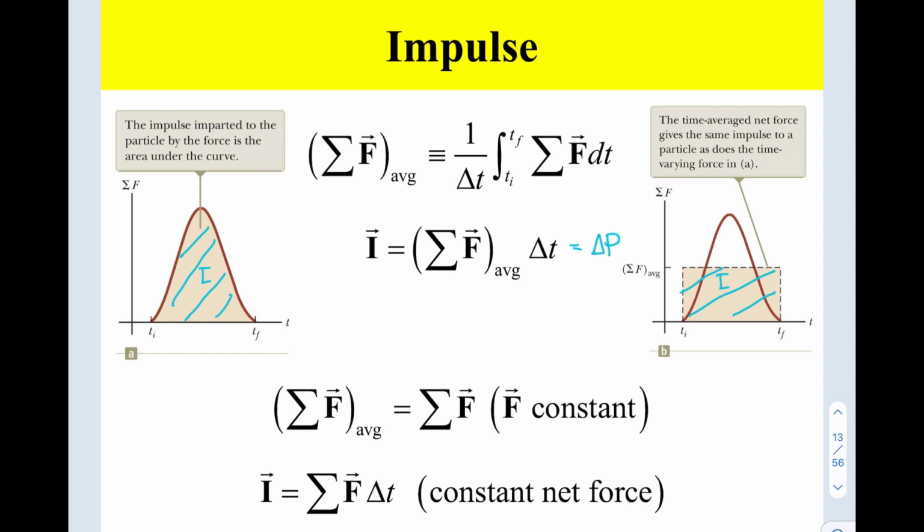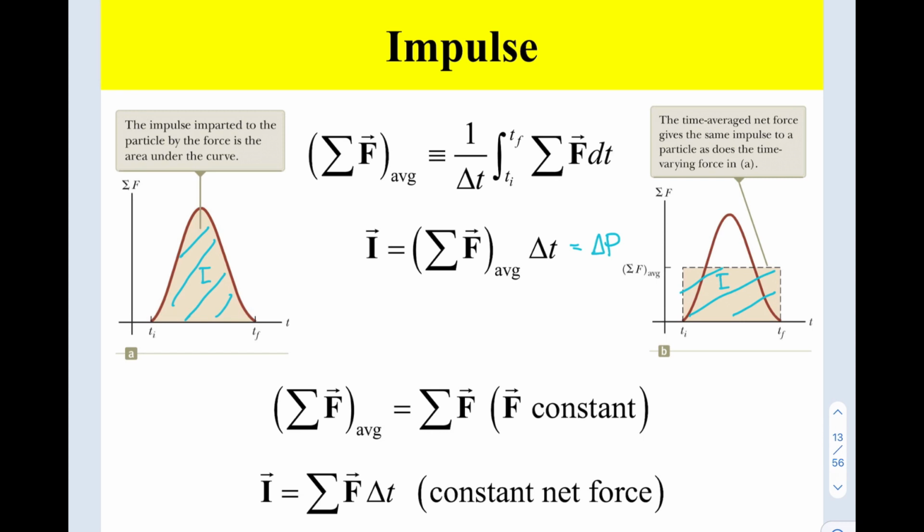In simple terms, this considers F as a constant net force. In the real case, it's not constant. It starts from 0, reaches a maximum value, and finally becomes 0. But this one approximately agrees with this one.